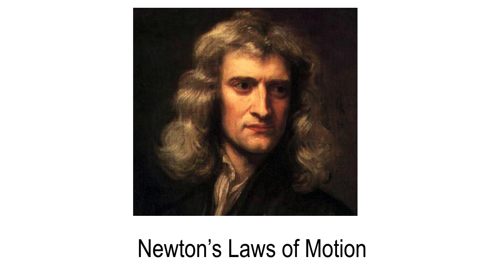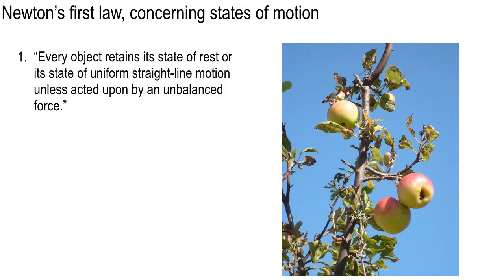But let's do, there's a picture of good Sir Isaac. And here's the way he wrote it. Every object retains a state of rest, or, to warm the heart of Galileo, its state of uniform straight line motion, unless acted upon by an unbalanced force.